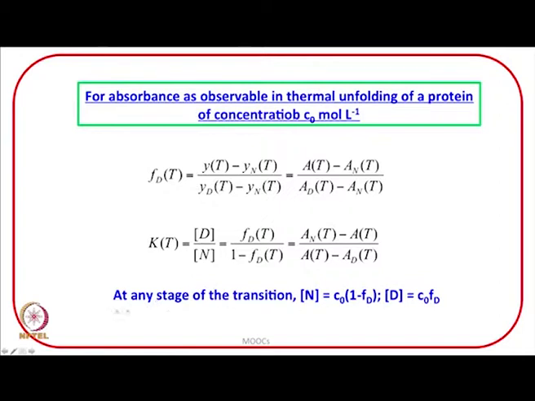At any stage of the transition, the concentration of native form will be equal to C0, the initial concentration of protein, times the fraction of the native protein, which is 1 minus Fd, and the concentration of denatured state is equal to C0 times Fd. Fd is the fraction of the protein which is in the denatured state.